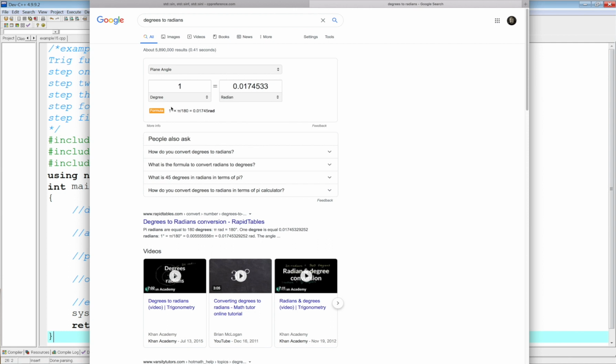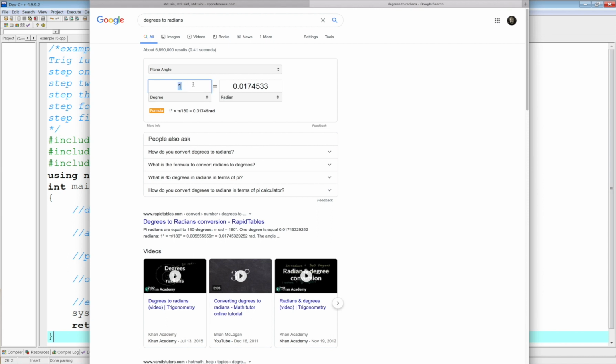So notice that 1 degree times pi divided by 180 is some value in radians. All right, so the formula is simple. On the left-hand side, you're going to put in the actual degrees value multiplied by pi divided by 180. You will get back the radian equivalent to that angle in degrees.